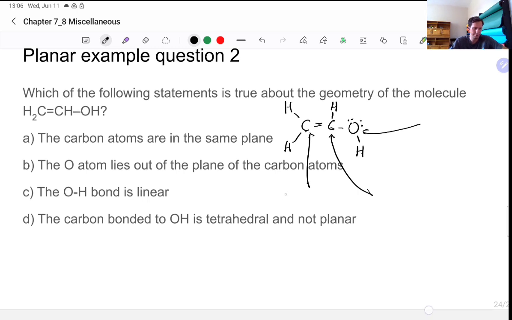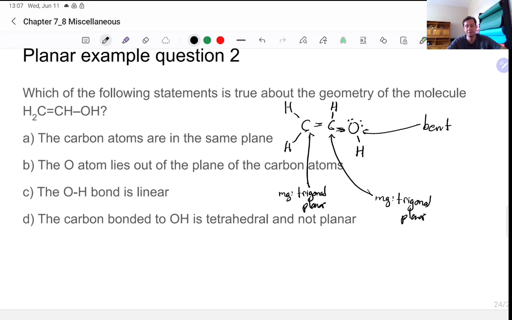So this first one, I'm just going to write the molecular geometries, is trigonal planar, right? Because we have three groups, no lone pairs. The other carbon is also trigonal planar. And then this oxygen, tetrahedral electron geometry, molecular geometry, bent.